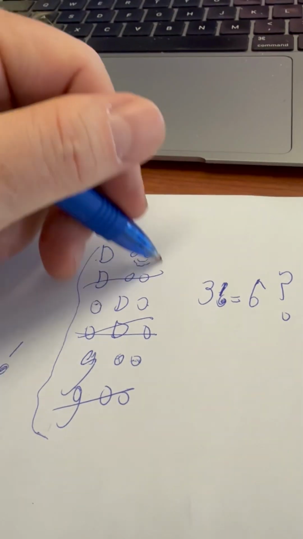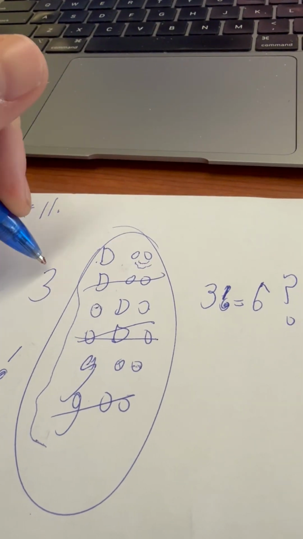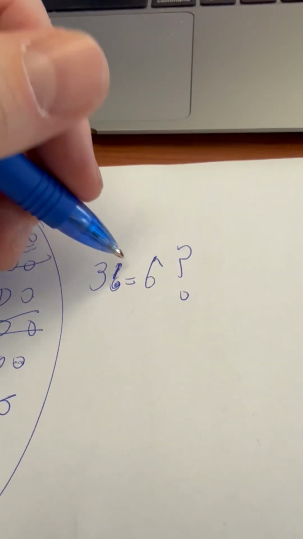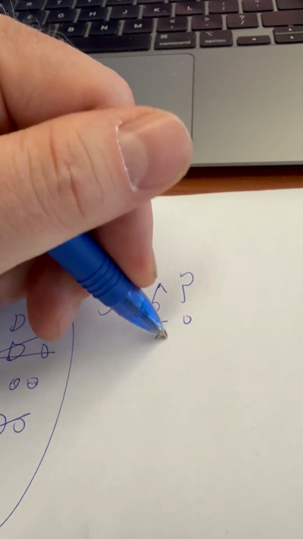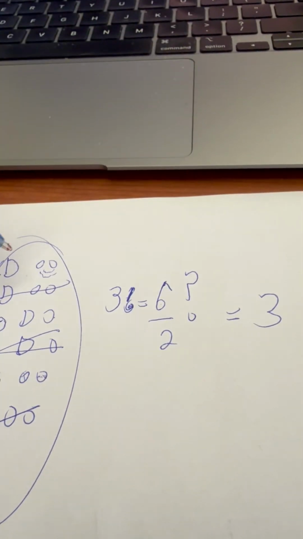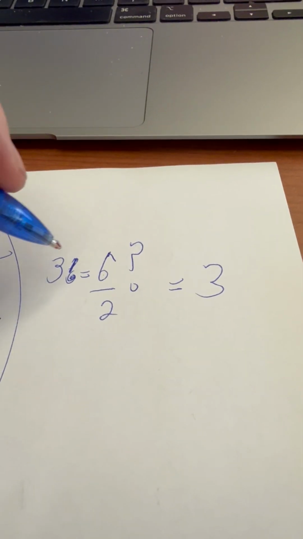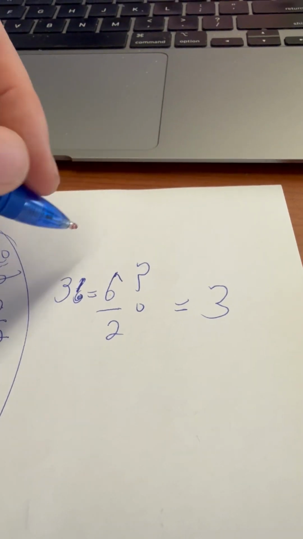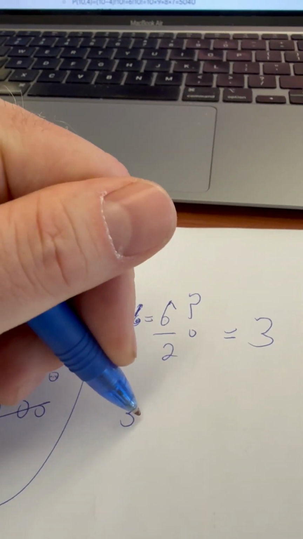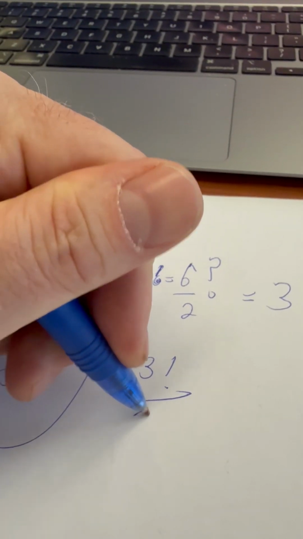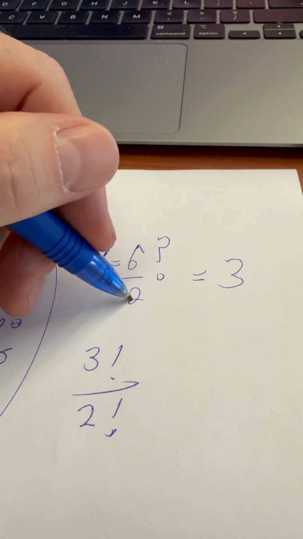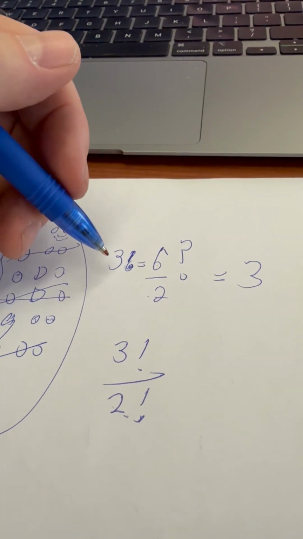I would have to divide that 6 by 2 to get the 3-choice answer. That's kind of like taking that 3 factorial, which is 6, and dividing it by 2 factorial, because 2 factorial is just 2 times 1.